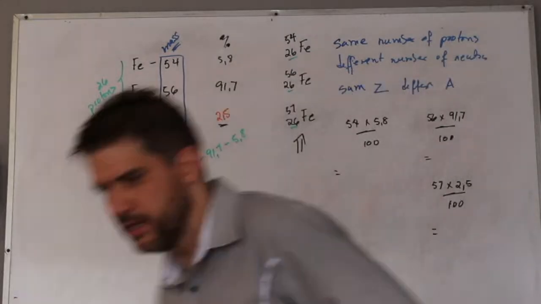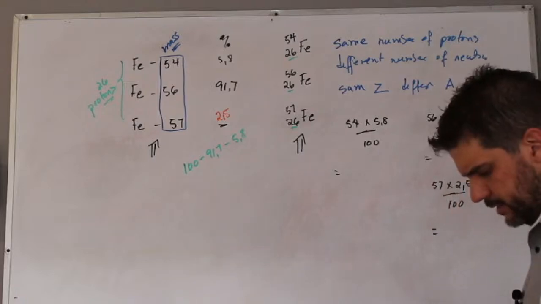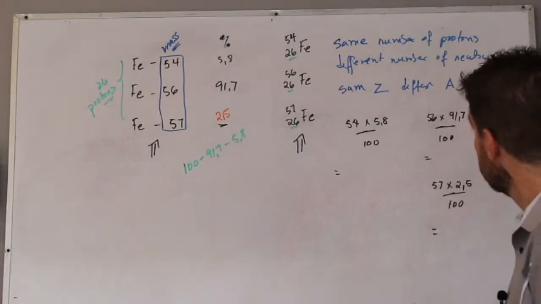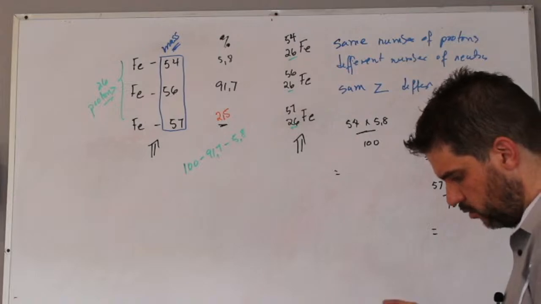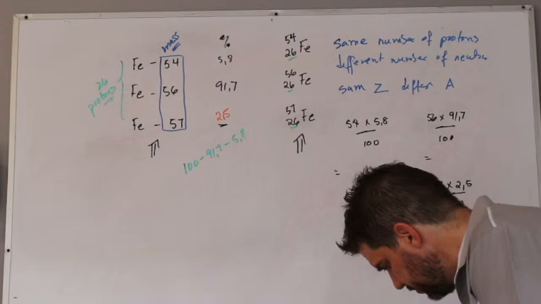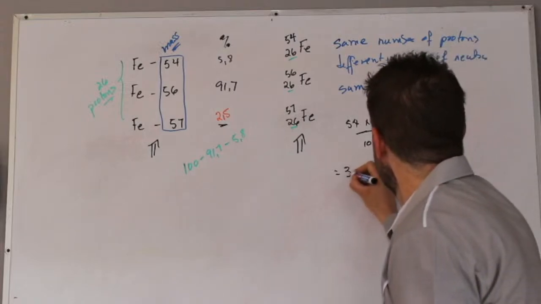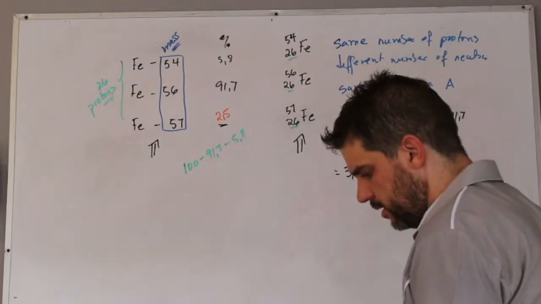Let me see if I can do it. You can start there, make sure you can do it, guys. Let me see. This one is 54 times 5.8 over 100. I get 3.132.